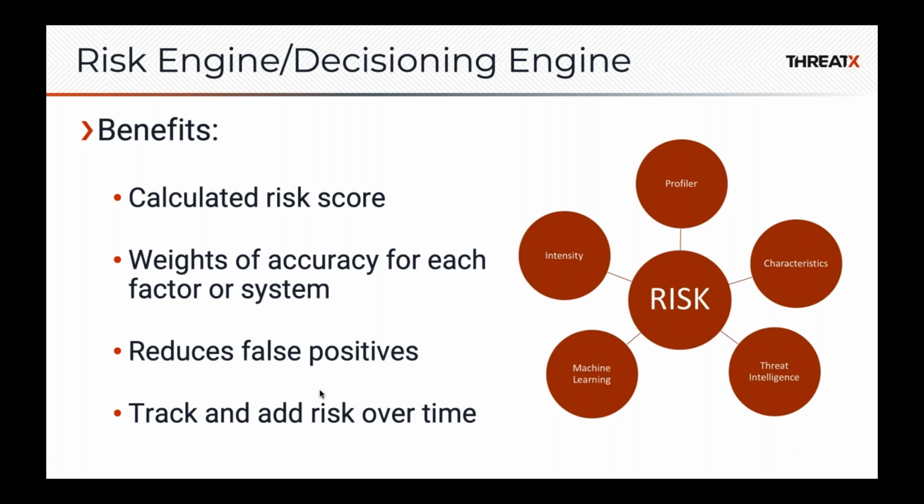All of these things feed into this risk profile. The idea, again, is that instead of just using very simple signatures, we're taking all of this intel in to create a risk model that reduces false positives and tracks risk over time. So an entity can go up or down in risk over time based on their behaviors.